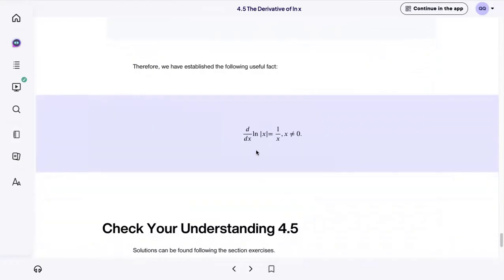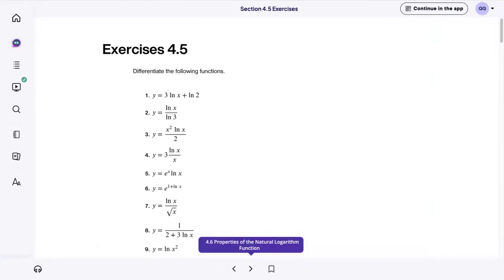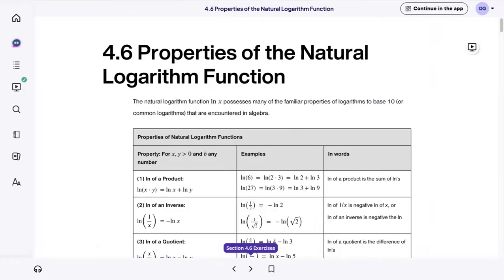So the derivative of ln absolute value of x equals 1 over x. Okay, that's 4.5, talking about the derivative of a natural log function.